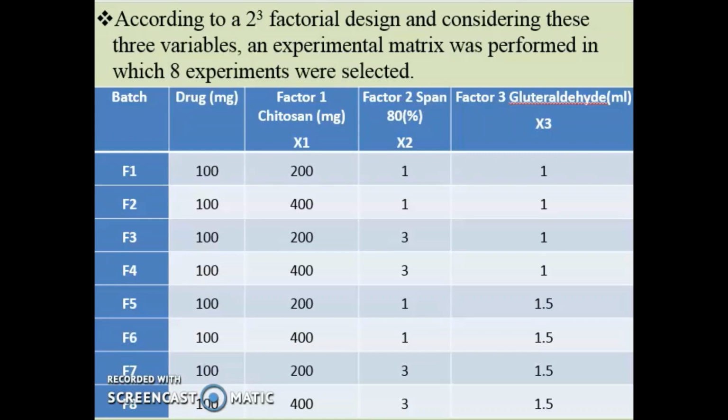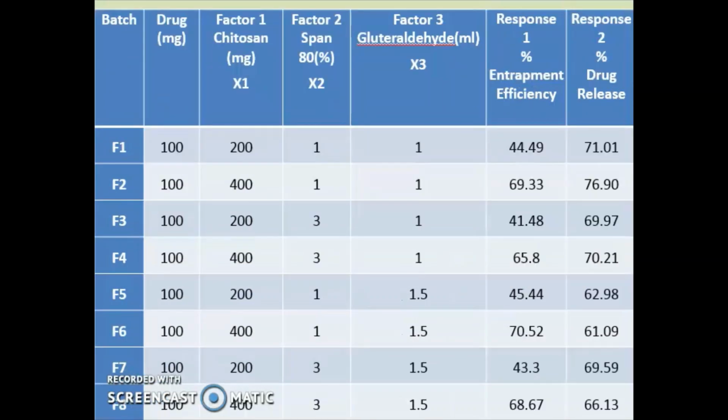Next, as shown in this table, the batches F1 to F8 were generated with the quantities of these 3 variables, and after this the responses, or what we can call the dependent variables. Response 1 and response 2 were selected, and they are entrapment efficiency and percent drug release.